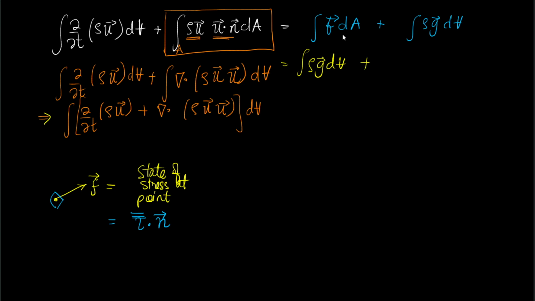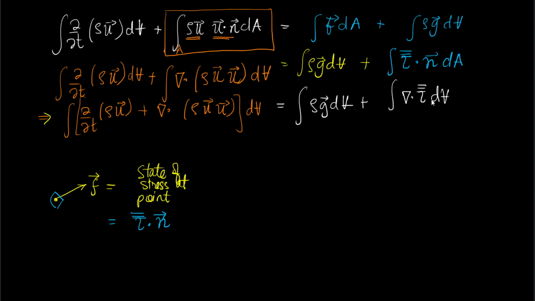All right. So this particular term is equivalent to writing plus integral tau dot n dA. So the right hand side becomes integral rho g dV plus, we can make use of the divergence theorem to write this area integral in the form of a divergence. But in this case, the divergence will be of the stress tensor.